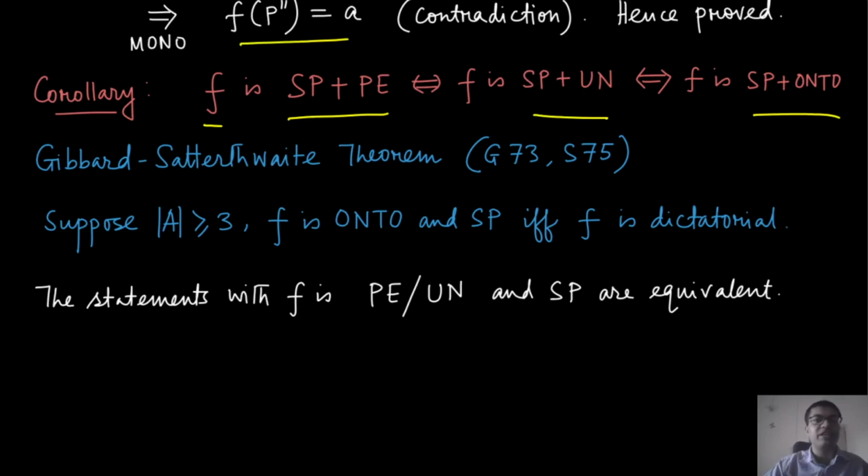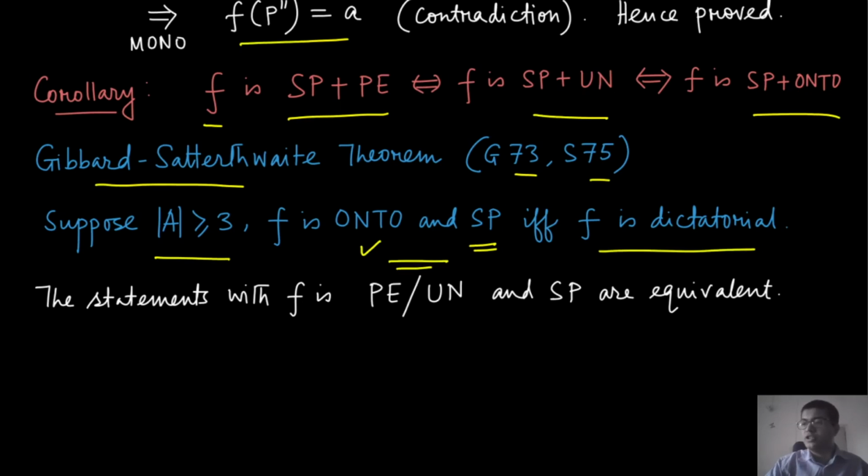Because we are going to state a very important result given by Gibbard and Satterthwaite in 73-75. The statement is very similar to Arrow's impossibility result. It talks about strategy-proofness. Now we are actually interested in making sure that the agents reveal their preferences in some truthful manner. And if on top of that we like to ensure this property of ontoness, and if there are at least 3 alternatives, then these 2 properties can be satisfied if and only if f is a dictatorial social choice function.